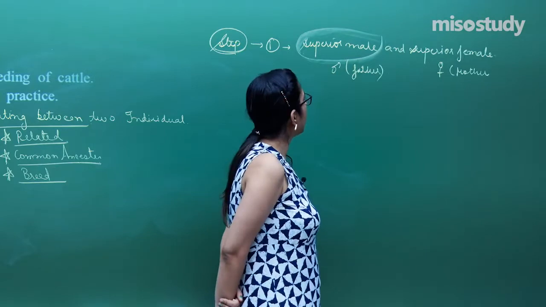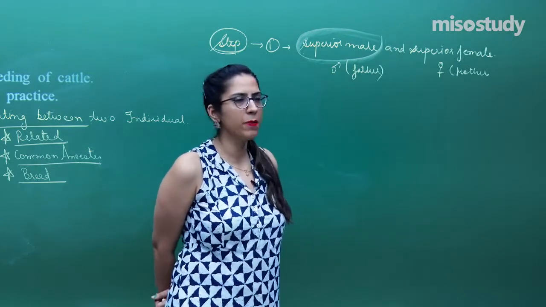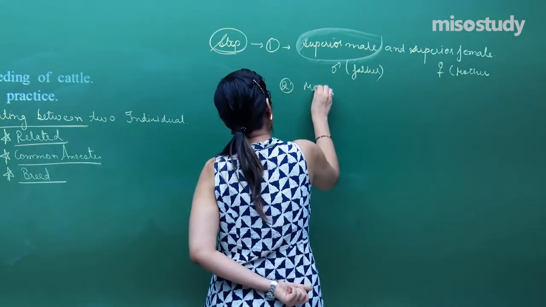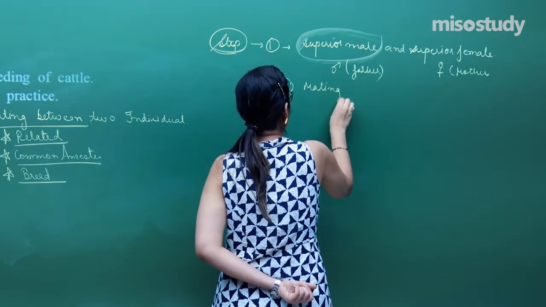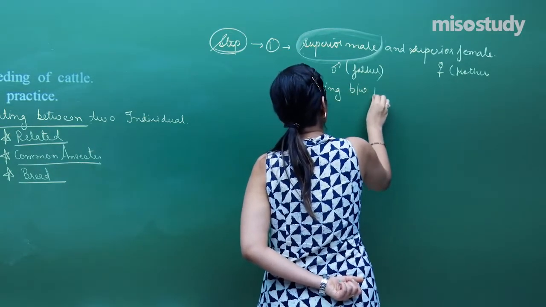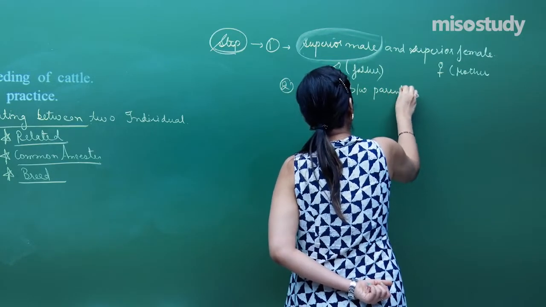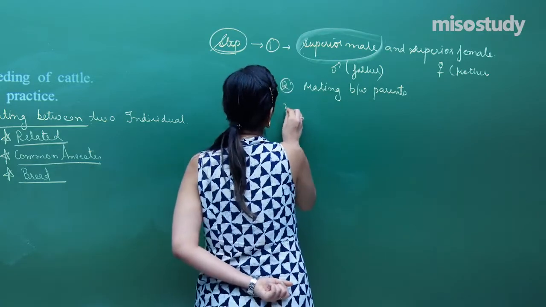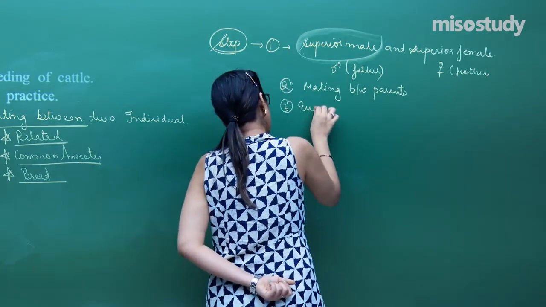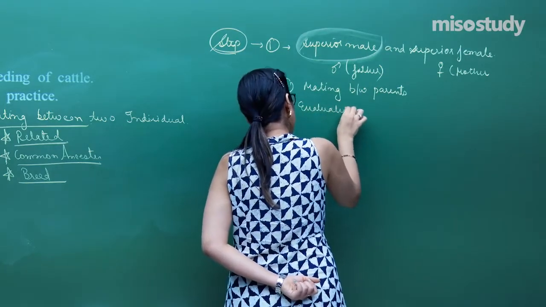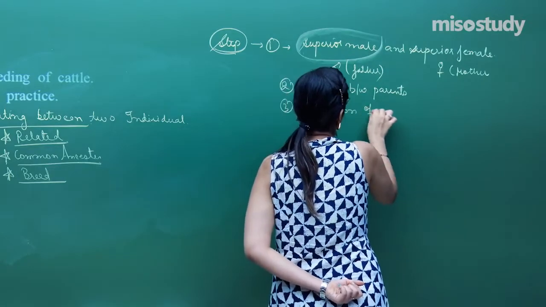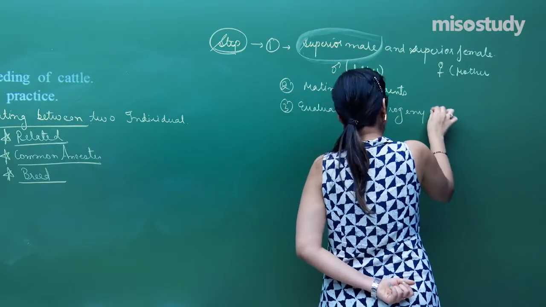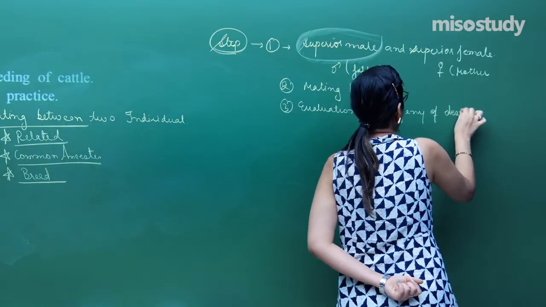Now after that, they will be allowed to hybridize, or they will be allowed to mate. Mating between parents. Right? After that, evaluation of progeny for the desired trait.